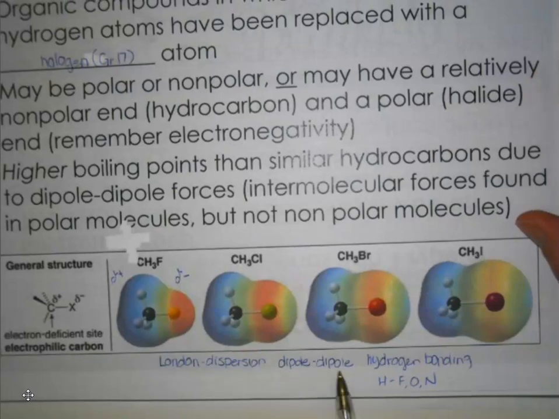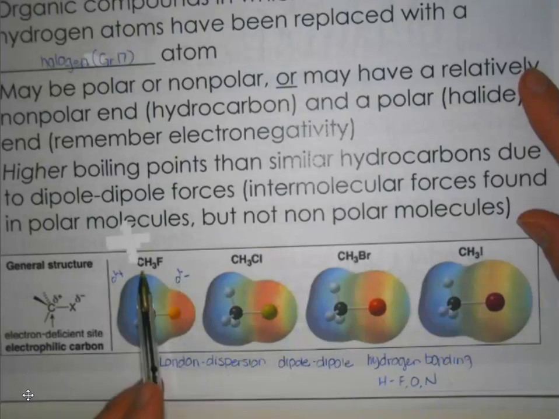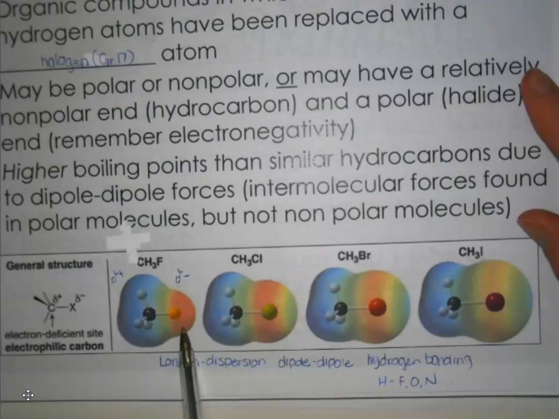Now, dipole-dipole forces, keep in mind, are present for all polar molecules. So here we do see with this CH3F that there is polarity, right? We see a pretty big difference in the electron distribution, which means that this molecule exhibits dipole-dipole intermolecular forces.